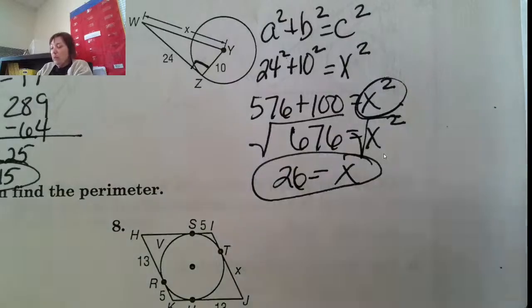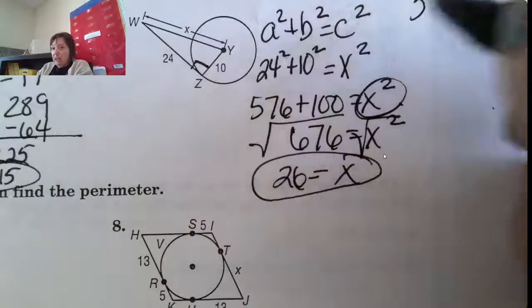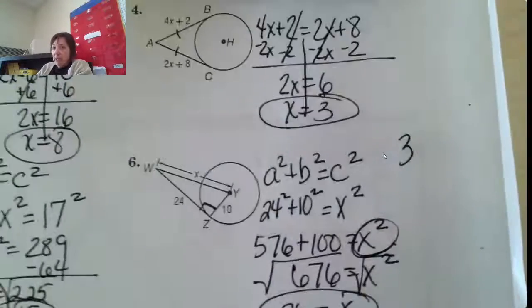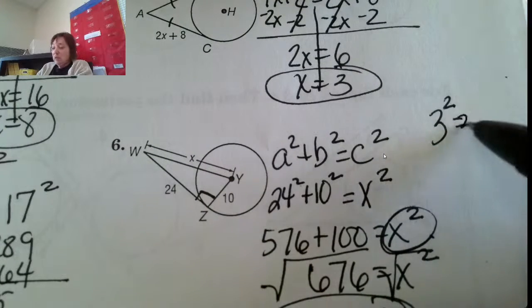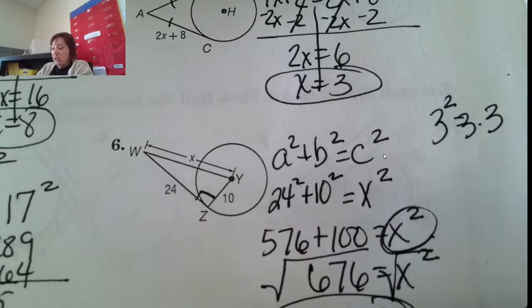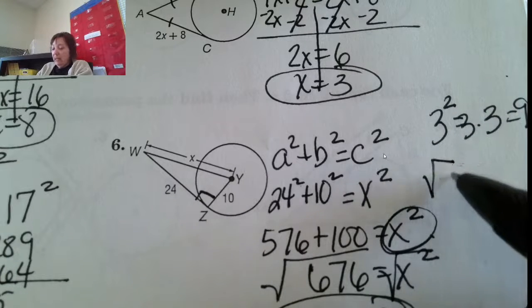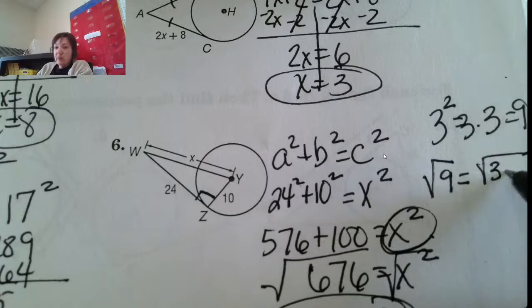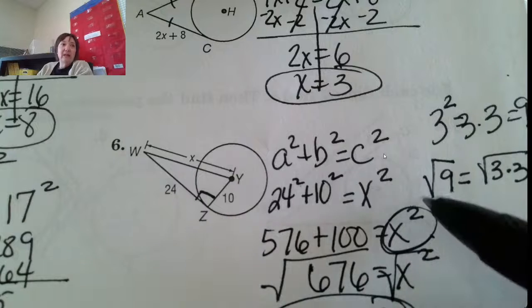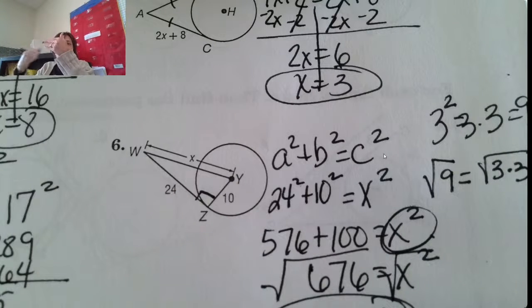So for example, 3 squared is 3 times 3, which is 9. But if I say the square root of 9, I'm saying what number multiplies times itself to get 9. So they're the opposite of each other. Does that make sense? Yes.